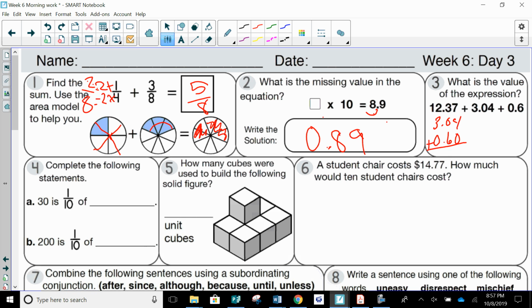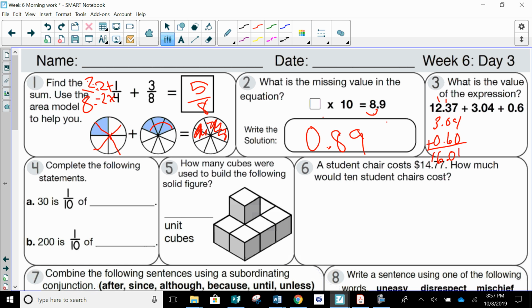Add those all together. 7 plus 4, so 11, carry my 1, 6, 7, 8, 9, 10, carry my 1 again, that's 6, that's 1, and bring down my decimal point. So I have 16 and 1 hundredths as my answer.